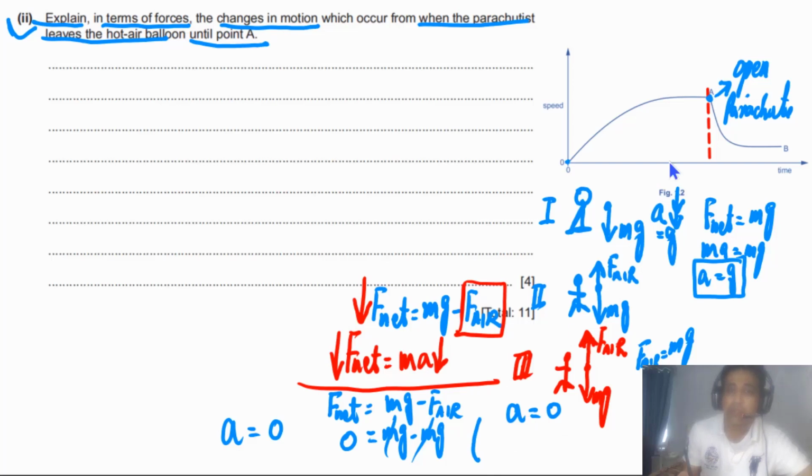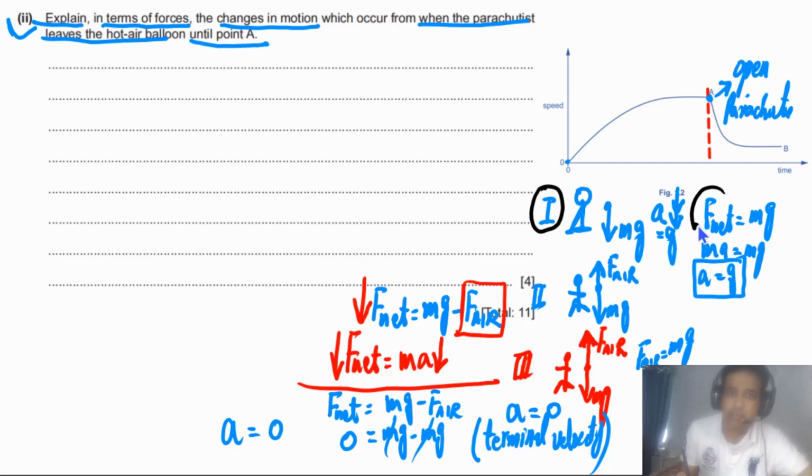So it has reached the terminal velocity, meaning you can see this gradient is 0, so it has reached terminal velocity. Now let me explain you a little bit more about this. If we start from here, you can see F net.